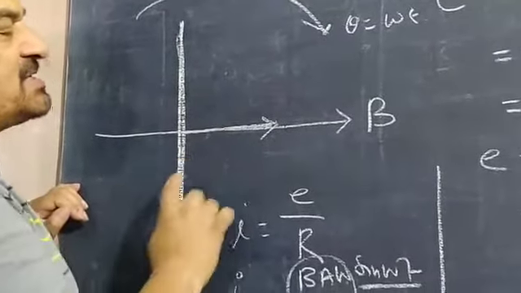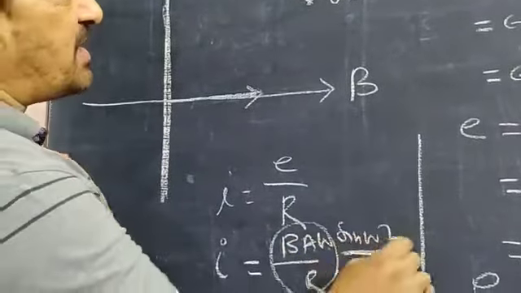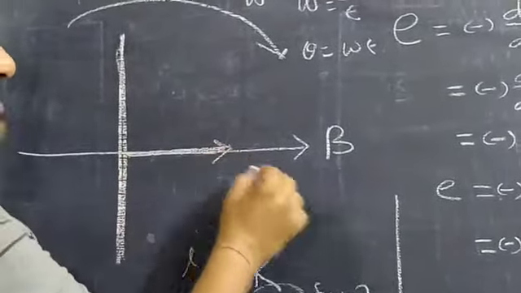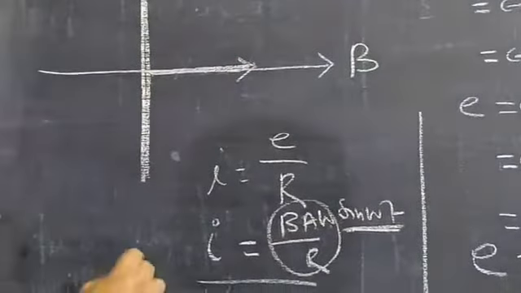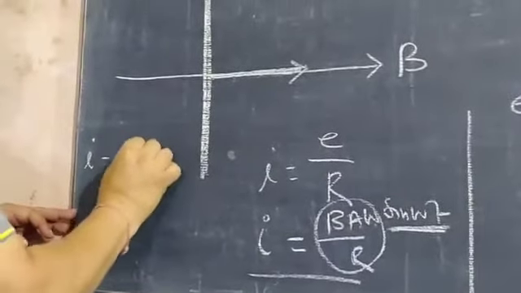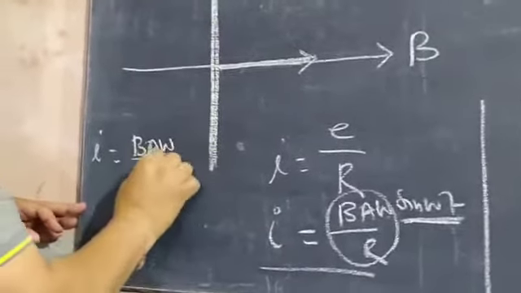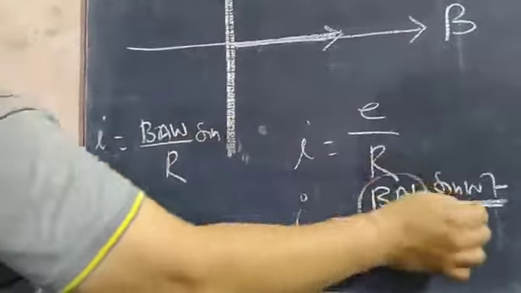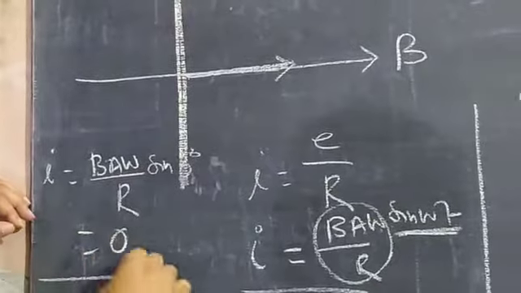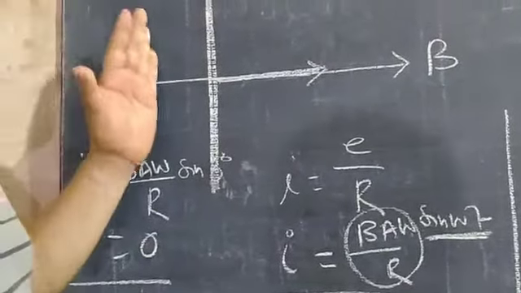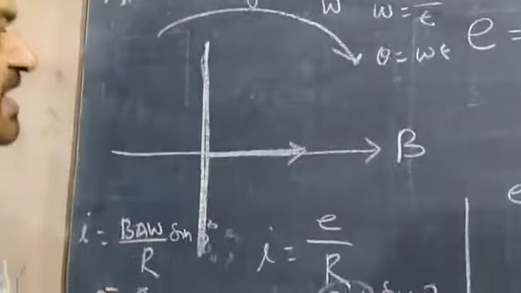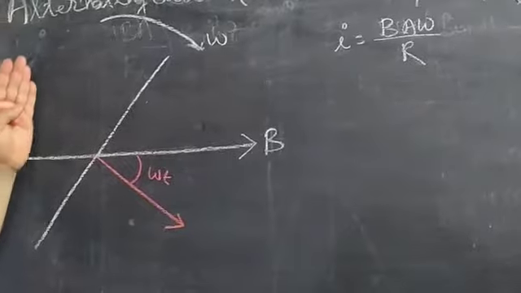So the angle between the area vector and the magnetic field will be 0. So I equals B A omega upon R sine omega t, which is sine 0 degree, so I will be 0. So when the plane of the coil is perpendicular to the magnetic field, current will be 0.